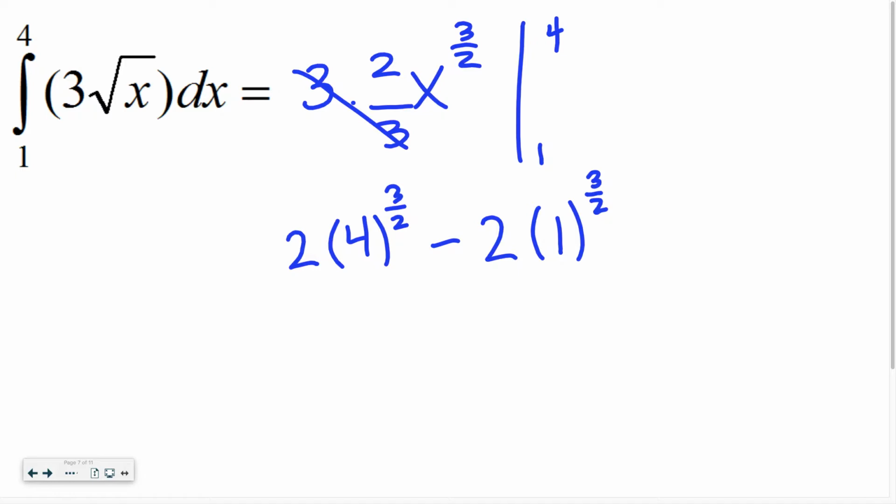Plug in your top limit of integration minus plug in your bottom limit of integration. 4 to the 3/2 is 8, times 2 is 16, minus 2 is 14. Math 9 will verify that we have the right answer.